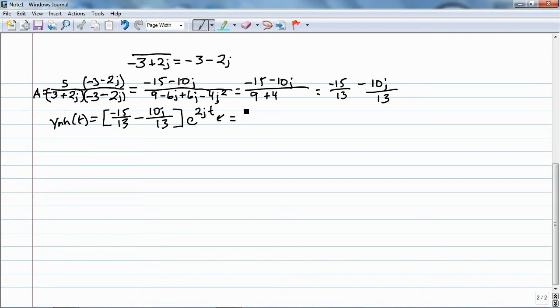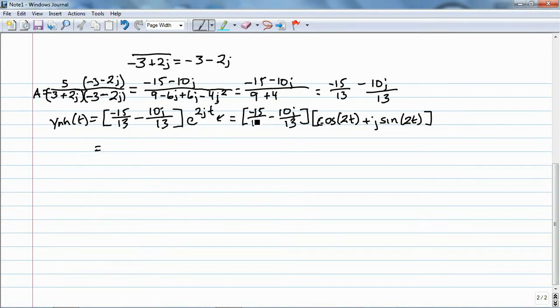Go the opposite way. And that's just going to be cosine 2t plus j sine 2t. And I should use a bracket here. Okay, now we'll do the distributive property.